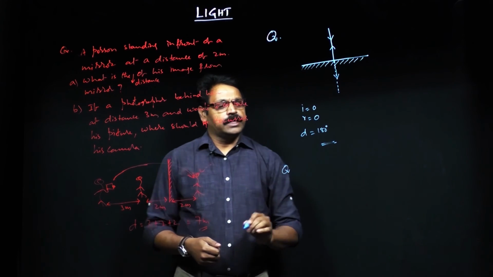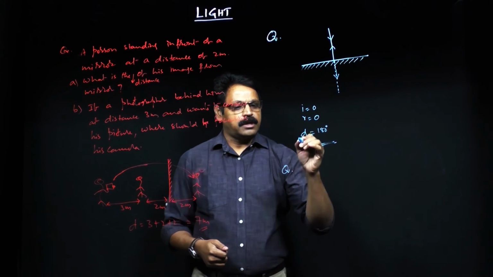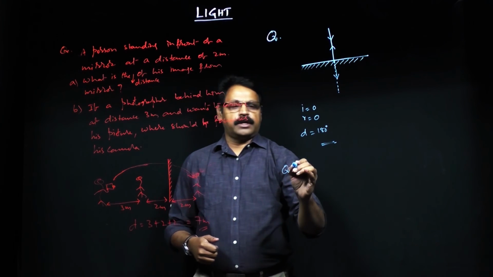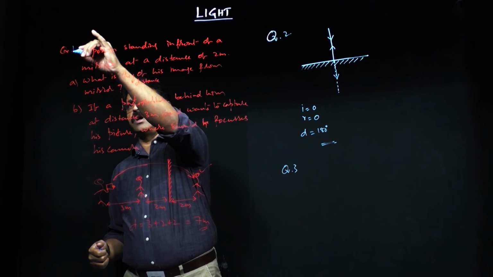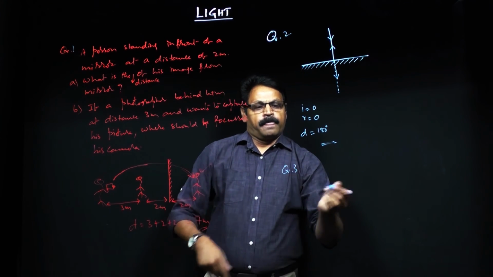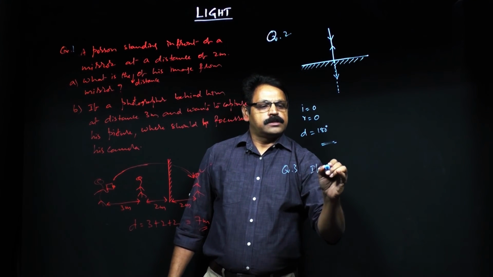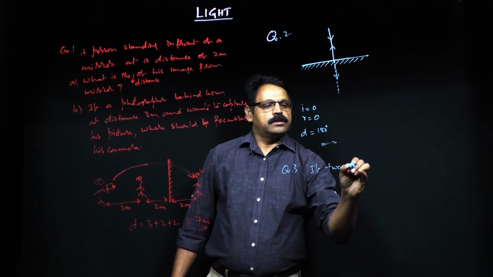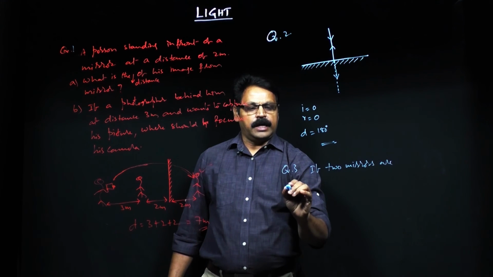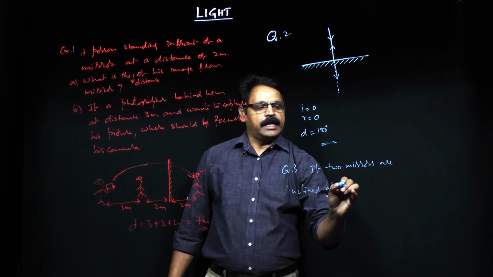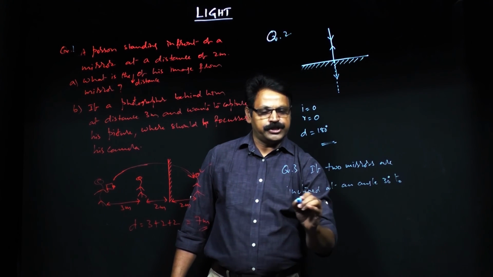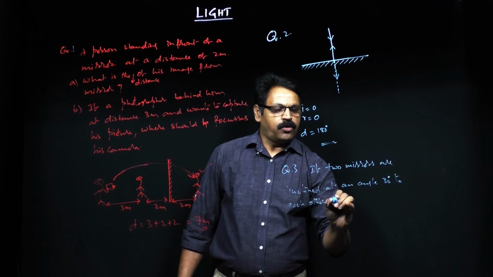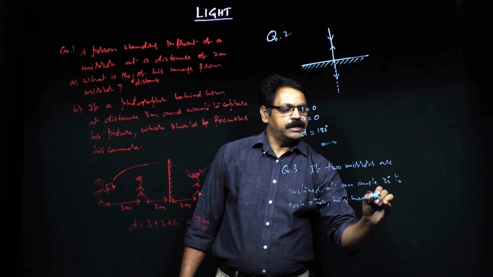And when mirrors are inclined, the question is asked like question number 3, let us say; this is question number 2, this is question number 1. Here, if two mirrors are inclined at an angle of 30 degrees to each other, then how many images are formed?